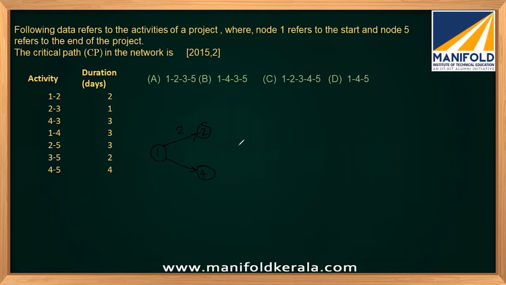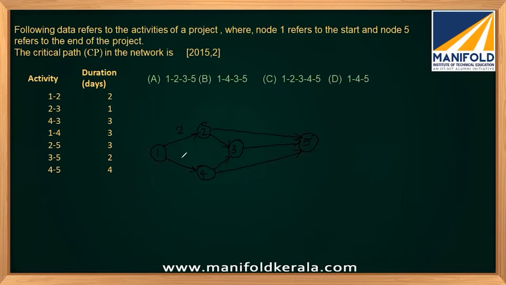The node 2 to 3 is there, and 4 to 3 is also there. So let's draw the third node here. Now 3 to 5, 2 to 5, and 4 to 5. So 5 is a common node, it's a merging node. 1 is the starting node and 5 is the finishing node.